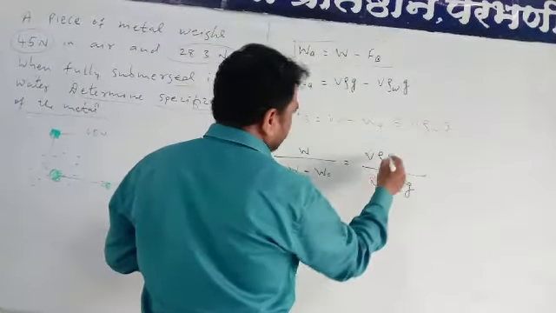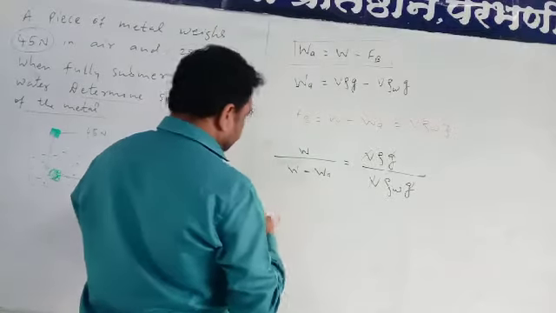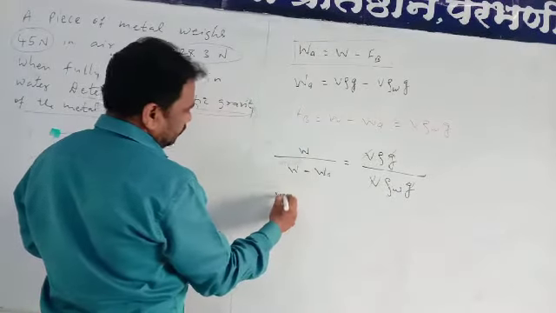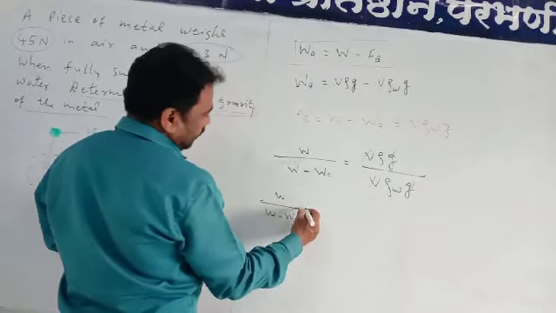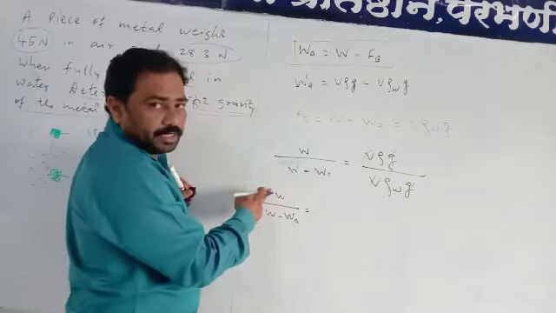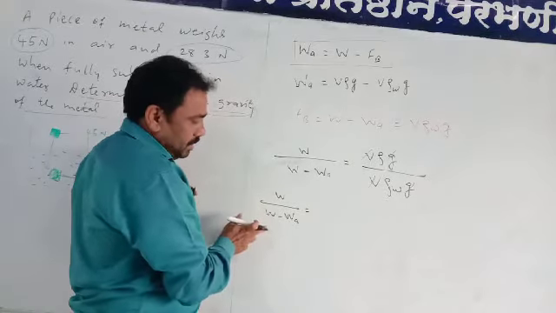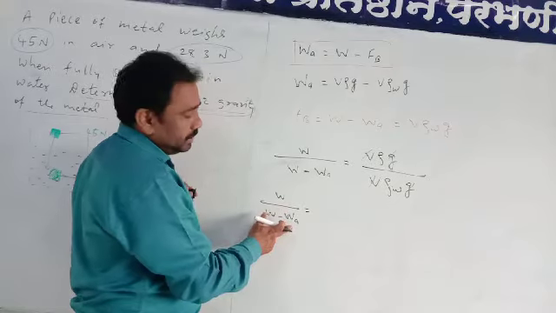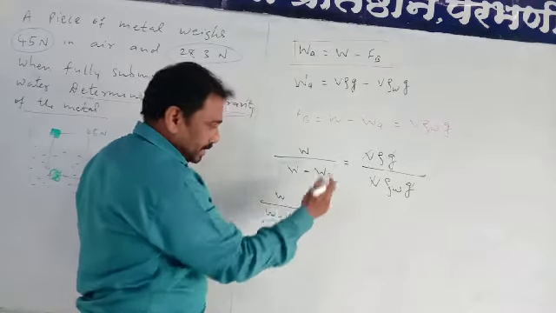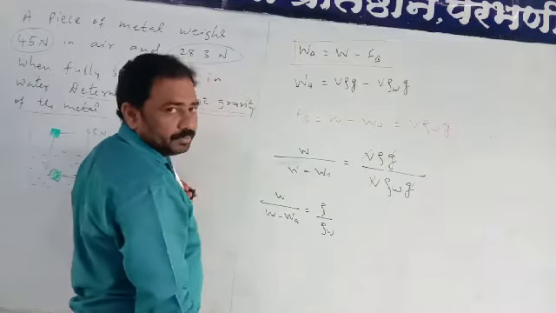These terms cancel. The remaining terms are W upon W minus W_A, the ratio of actual weight to the difference between actual weight and apparent weight. This total term is equal to rho upon rho_W.